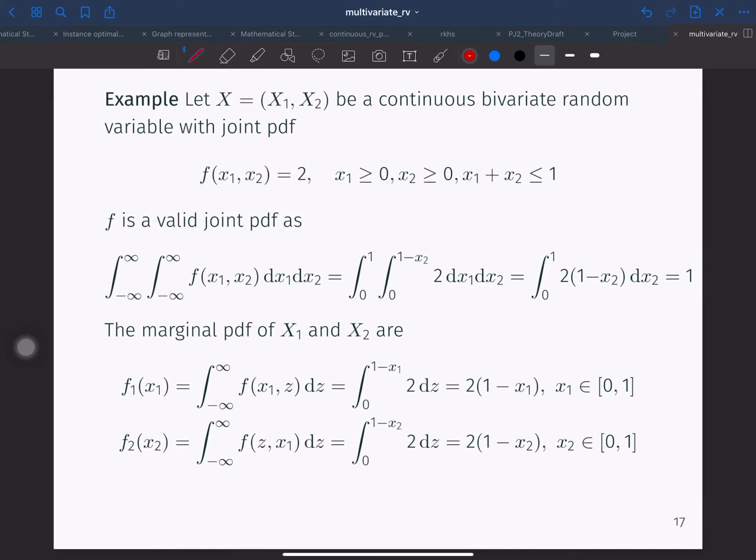So as another example, suppose you have x1, x2 continuous bivariate, with joint PDF of this form. Once again, you have the rectangle from 0 to 1, and then you say that x1 plus x2 is less than or equal to 1.